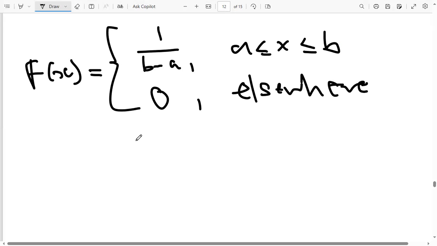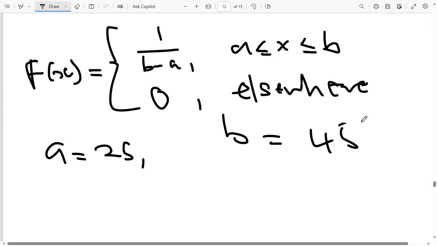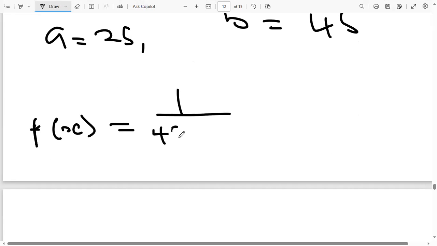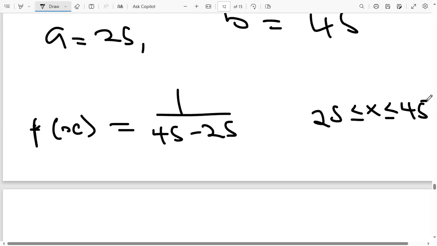Now from our question, we can tell that our A is 25, our B is 45. So our PDF will be equal to 1 over 45 minus 25, from 25 all the way to 45. So this here will be our PDF.